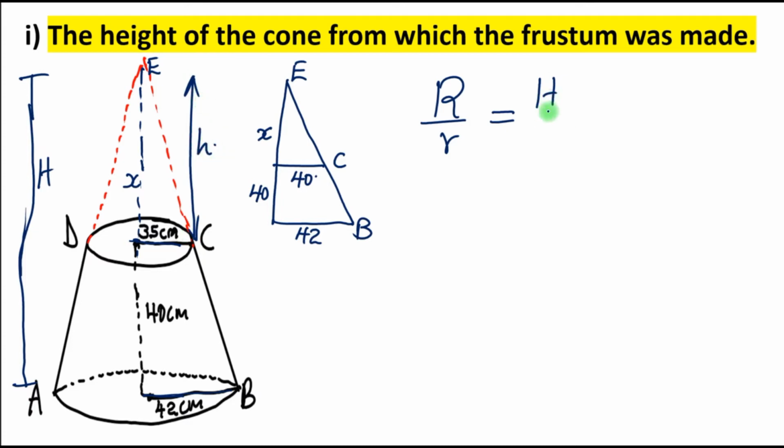The ratio must be equal, and also the length of the slant of the bigger cone, capital L, over the slant length of the smaller cone, small l, will be a constant. It's always a constant.